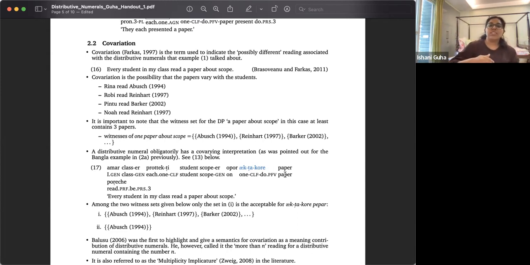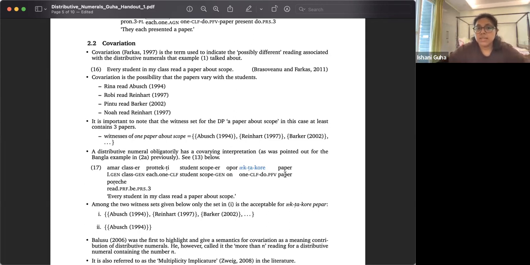What objects appear in the denotation of a paper about scope? That is what I'm trying to capture in this bullet point. That is roughly known as the witness of an indefinite.